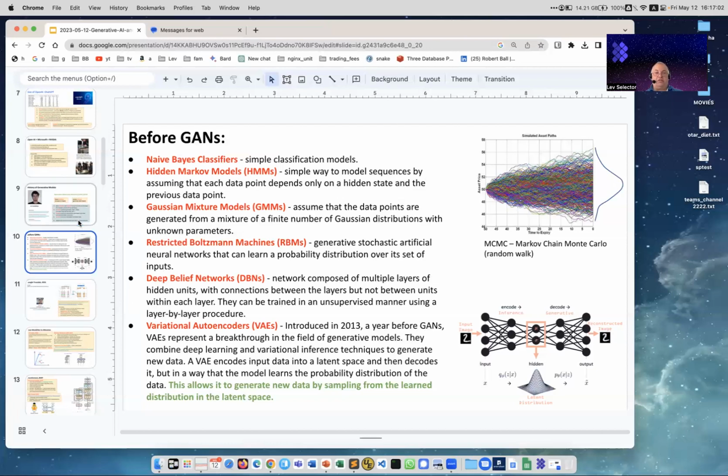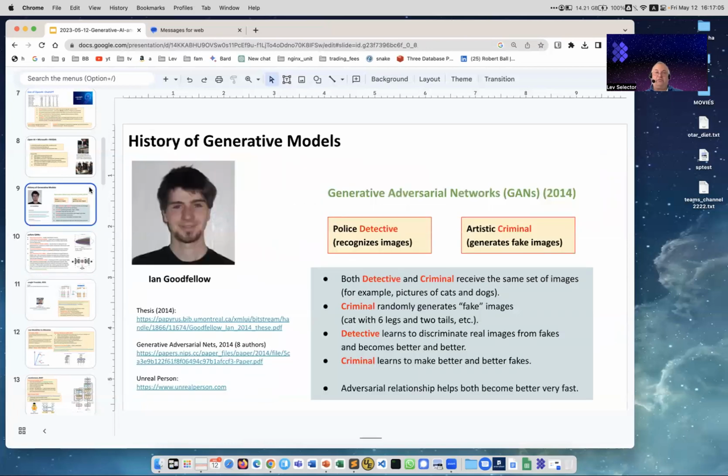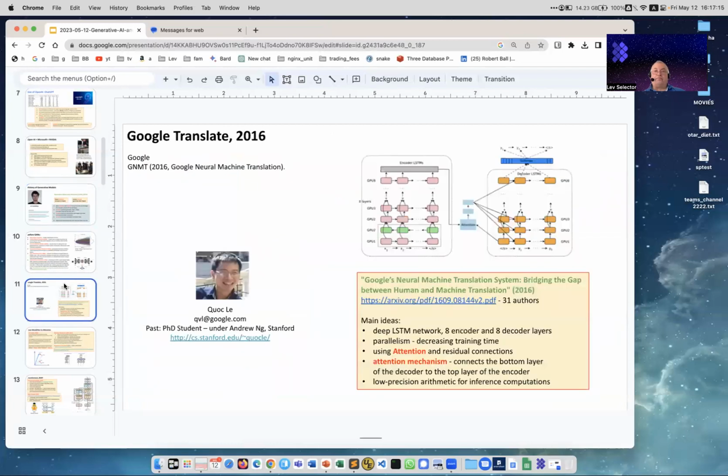Okay, but for me, the real beginning of generative models is with Ian Goodfellow. That's where really interesting stuff started to happen. Okay, Google Translate 2016.